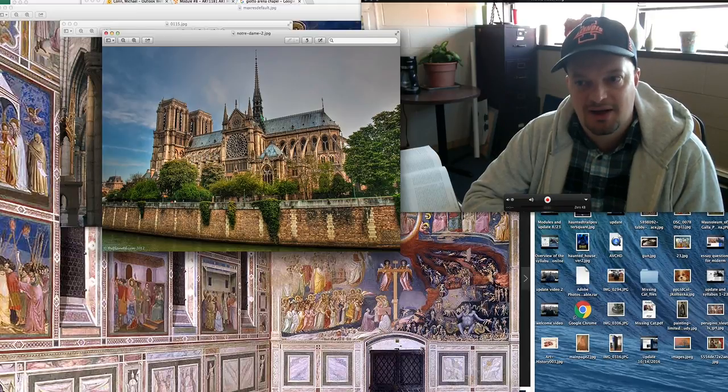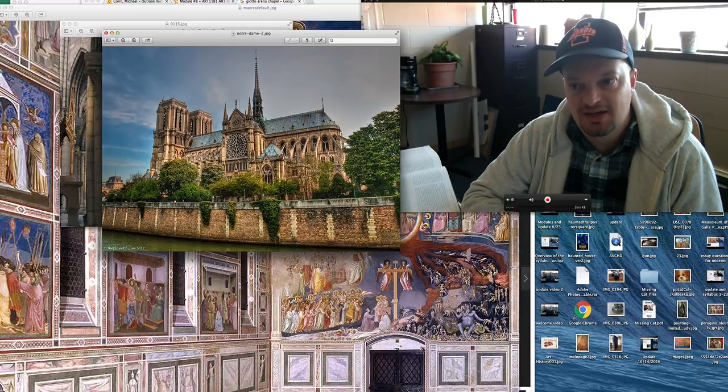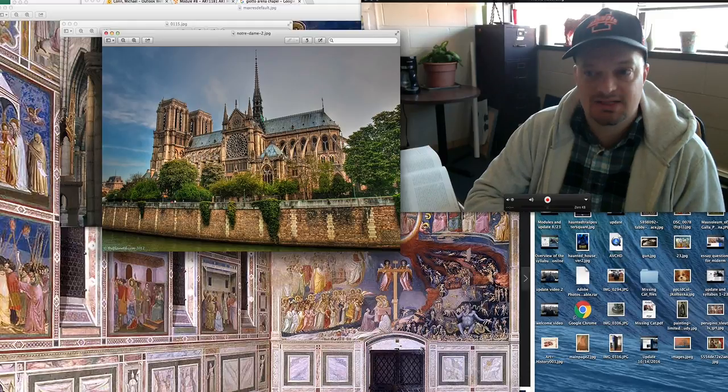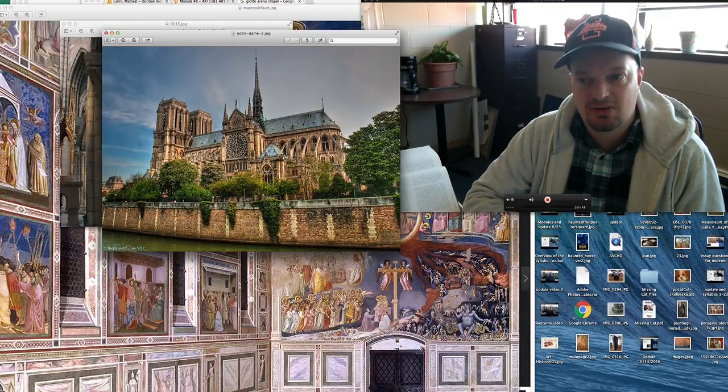But much later, people started calling it Gothic as a way to put it down, calling it heavy and massive and bulky. But for whatever reason, the term stuck. And so now we know the term Gothic as French architecture from 1100 to 1300.